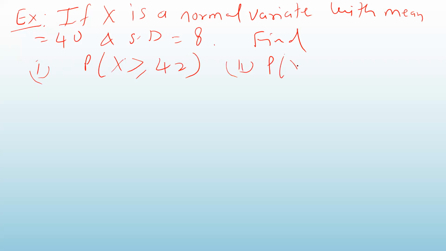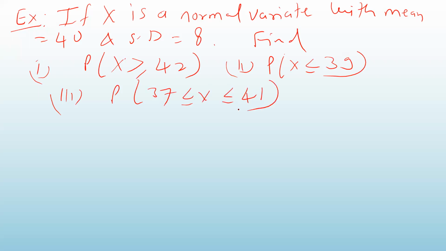Second one, probability of x less than or equal to 39. And third, probability of x between 37 and 41. Okay. So you are given here that x is a normal variate with mean 40 and standard deviation 8. You have to find these three probabilities. Let us see how to calculate them.